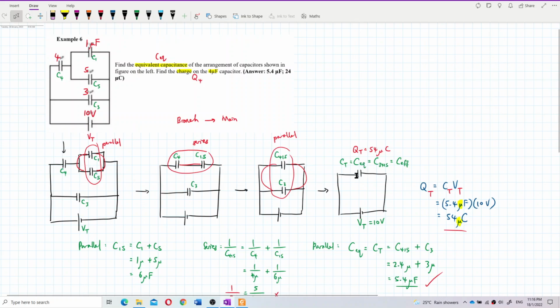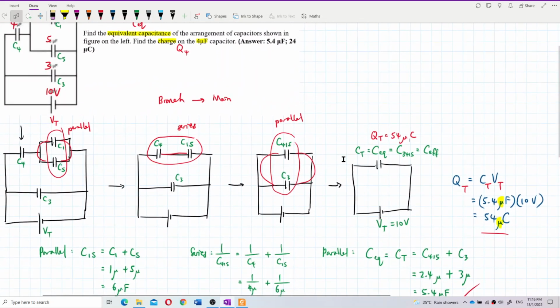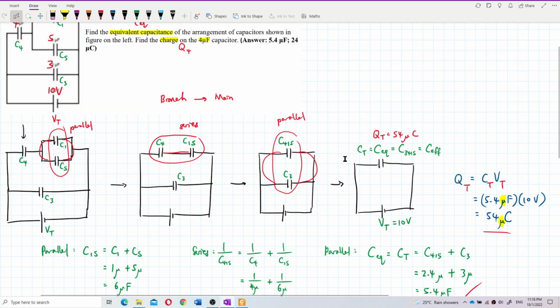Let's look one by one. I think the Q total we leave it first. Maybe later we will use it.